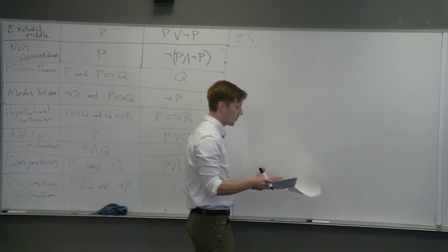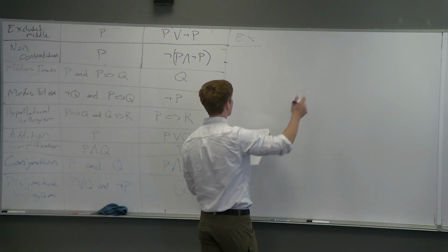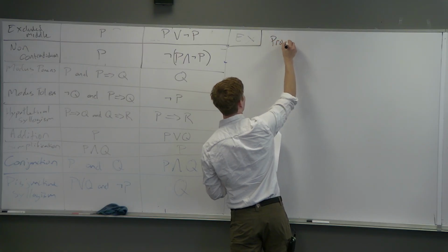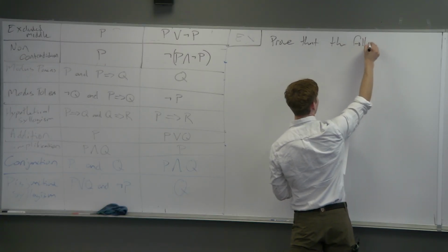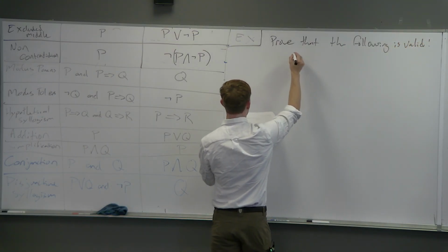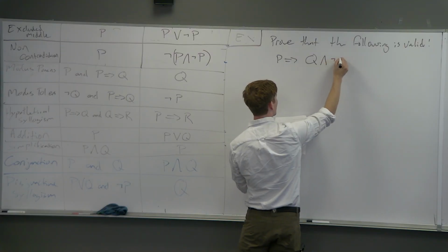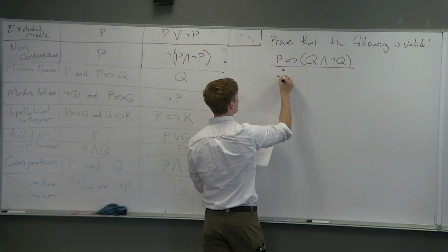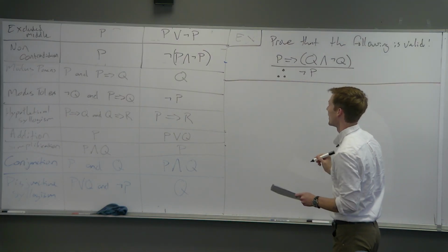So this example that we're doing now, the one that you've been working on, example number 2.6 in your note packet, asks you to prove that the following argument is valid. It says P implies Q and not Q. Therefore, not P. Okay.